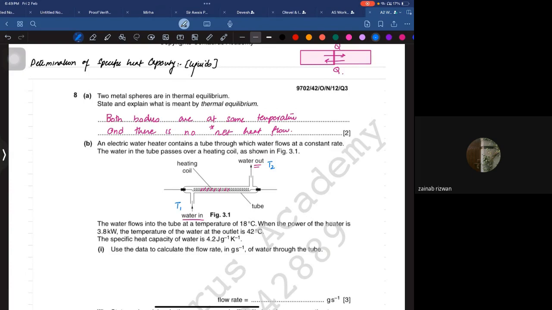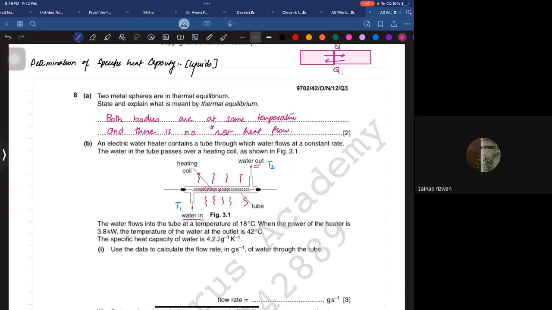But the issue in this particular experiment is that it's not covered by any insulation material. So heat is also going to get lost in the surroundings. Okay, so heat loss is occurring, and if heat loss is occurring, then we need to do something about it.